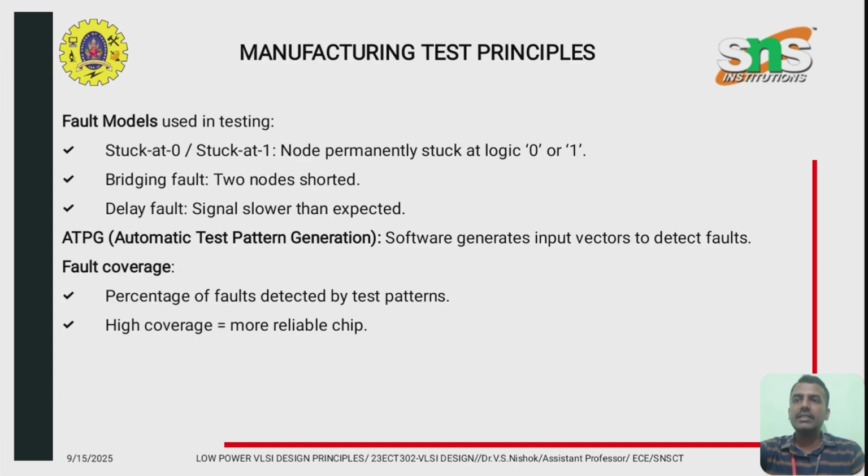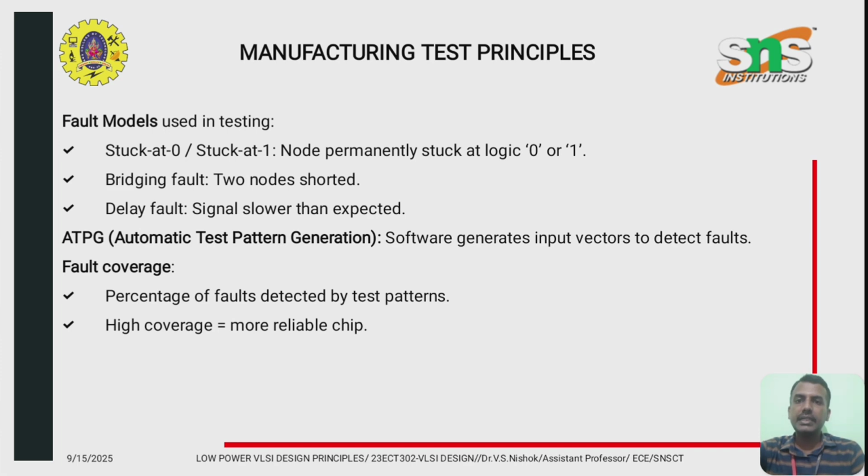So manufacturing test principles. What are the main causes of the faults? It starts with stuck-at-0 or stuck-at-1, bridging fault, delay fault. These are the different faults that may occur frequently in ICs. And then coming to automatic test pattern generation, the software generates input vectors to detect faults.